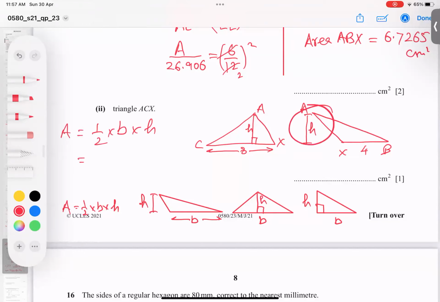No need to find the height, the long process. It's very clear that this is the area with 4 and this height. If the base becomes double, what happens? The area becomes double. So the area of the large is equal to 2 times the area of the small.